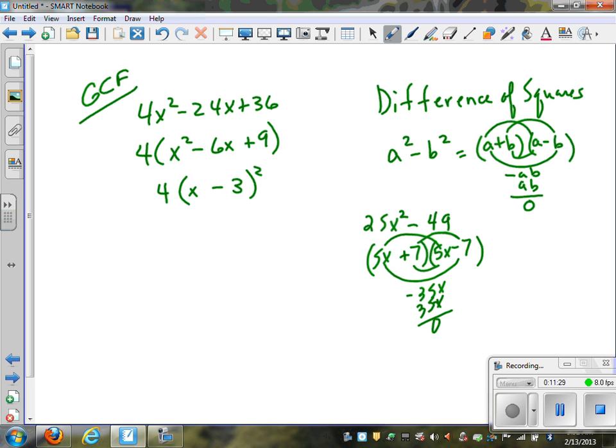So let's try one more. 64x squared minus 16. What's the first thing you should do on all of these? See if you can take something out. Is there a greatest common factor in this?